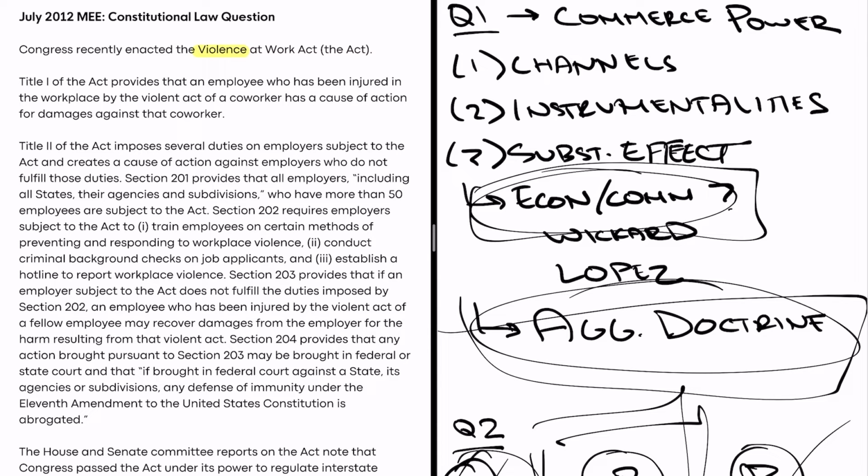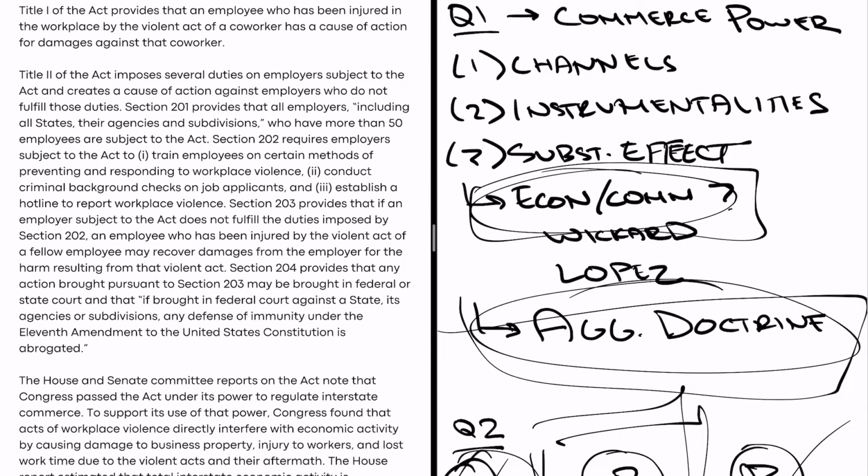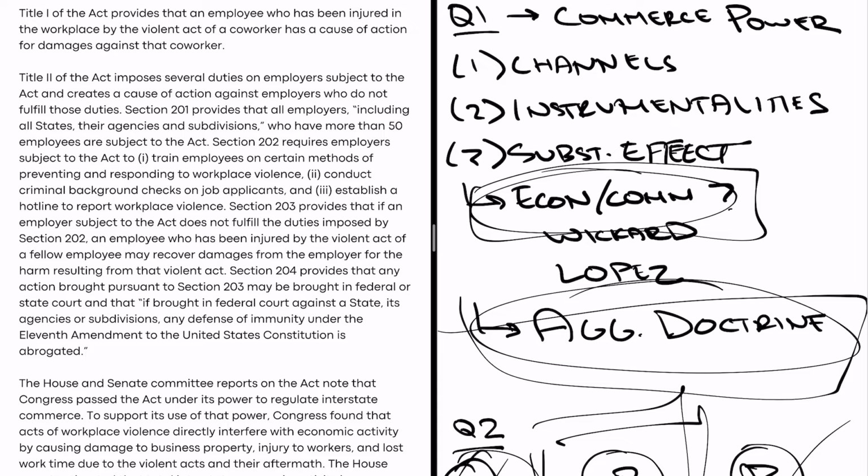We're thinking about whether this involves a channel of interstate commerce, an instrumentality of interstate commerce, or some other activity that has a substantial effect on interstate commerce. Well, we see the subject matter of the act is going to be about violence at work. Okay, we have to keep reading though. We don't know enough yet. So let's see what the actual law says.